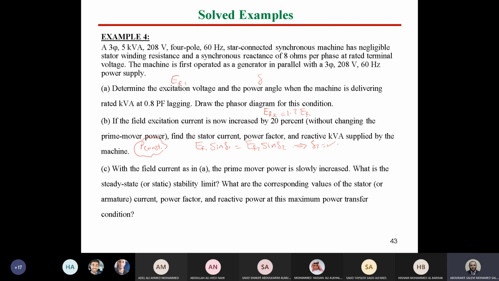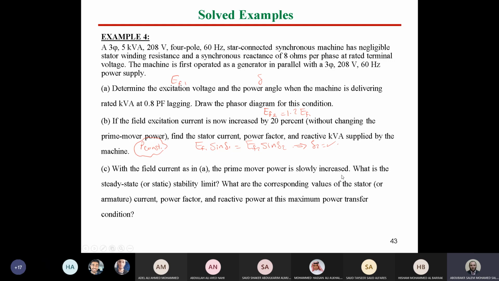So we expect to have extra output power. So power here will change and the excitation will be constant. It's opposite to what happened in part B. In part B, excitation has been increased and the power was constant. So it's opposite here. But here we will keep the excitation as in part A, the previous one. So the power here will be changed.